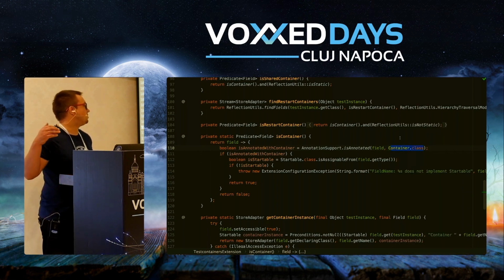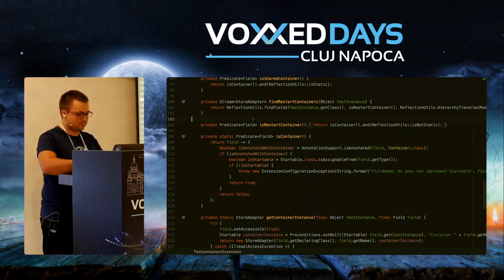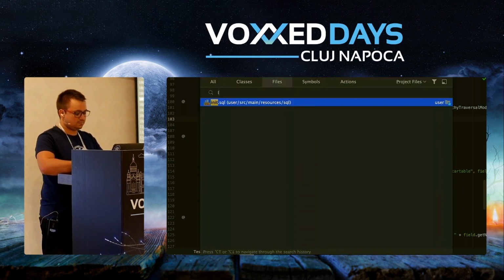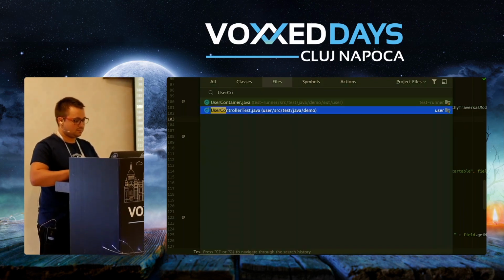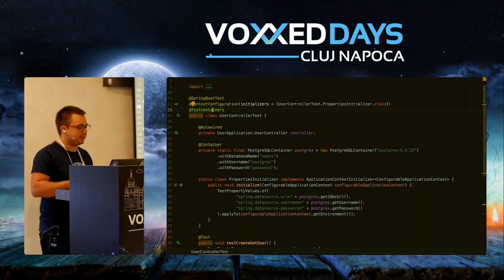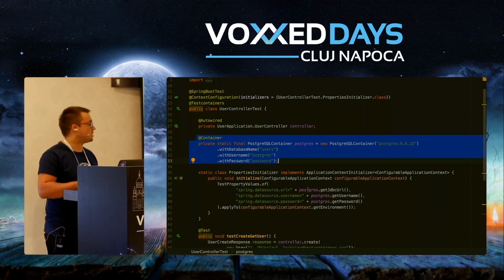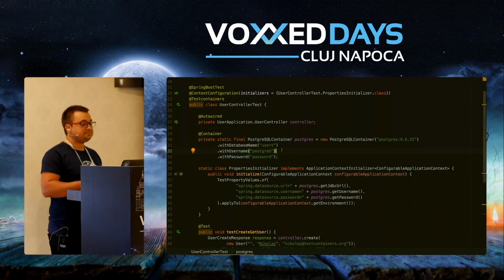To have that integration with JUnit 5, we have to mark each of our containers with that annotation. So that's how it works. Here is the Testcontainers annotation, and here we got the test container being annotated with Container.